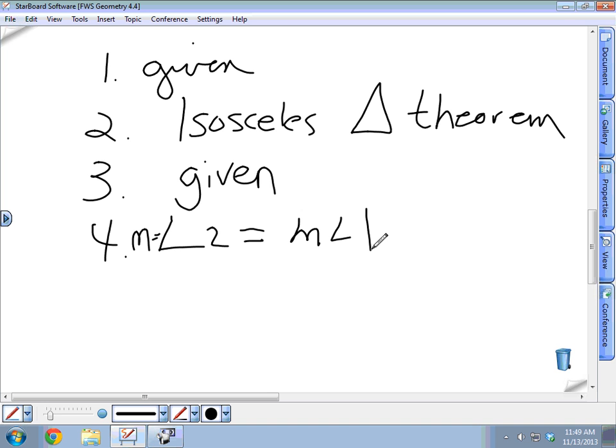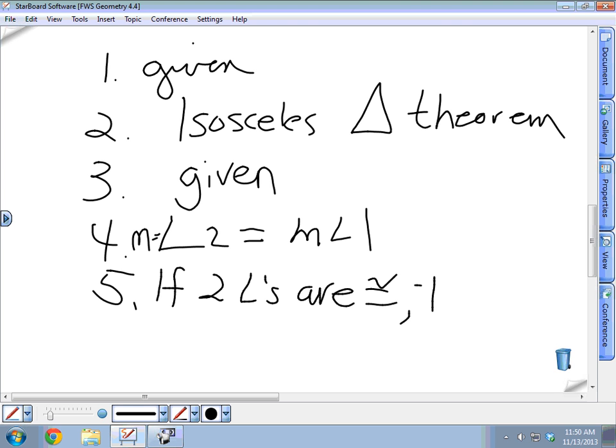I hate flipping back. AD and AE. Okay. No, that said if you have two sides, then the opposite angles are equal.